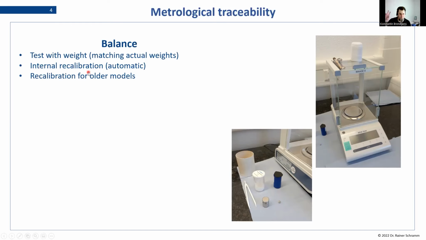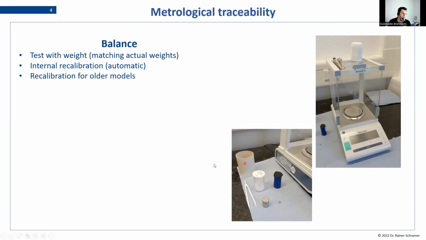Most of the more modern ones have an internal recalibration, and you'll hear the balance inform you, "Hey, I'm doing recalibration, please wait a second," and it will do it automatically from time to time. But with older models, you actually have to have one of these calibrated sets of weights and tell the machine, "Hey, I'm putting on the 50, I'm putting on the 10 grams," and so on, and it will do the calibration.